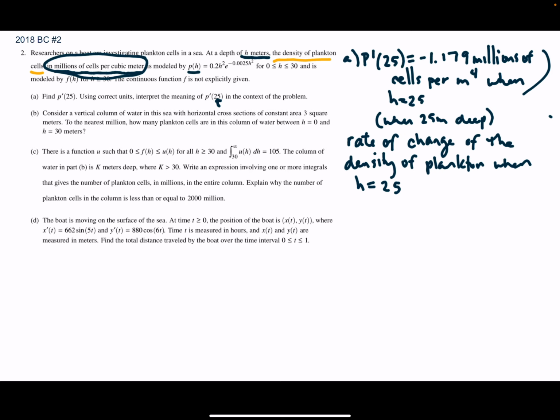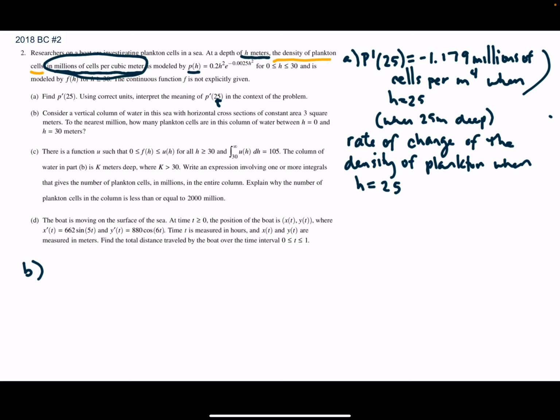So what we're going to need is to integrate to get back to just millions of cells, because I want to know how many plankton cells. That should indicate to you that, because I'm going from a rate of change sort of unit, I'm going to have to integrate.